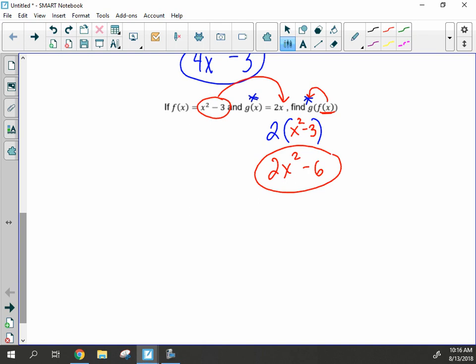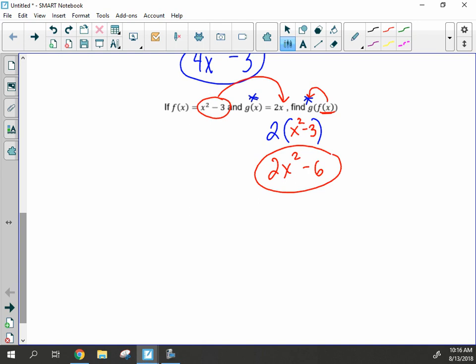It had like 9 different functions and it said like f of g of x, find g of h. It had all this fancy stuff, but once you break down what it means, it really isn't that hard. The letters are telling you which problems to use. That's all it is. So we're going to do another one.